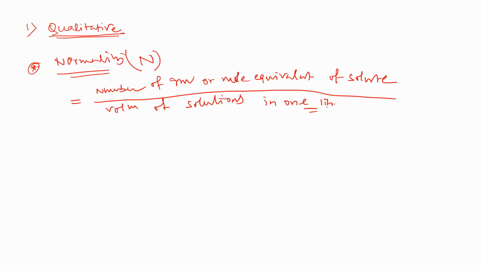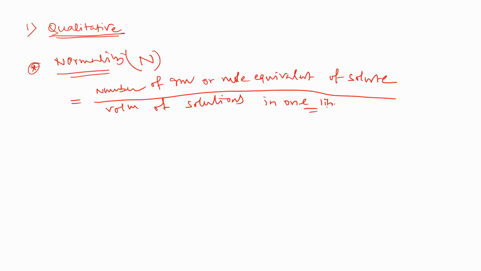Okay, so normality means how much solute is there, and that could be described in gram, in mole equivalent, or in mole. When we describe it in mole, we are going to molarity. But when we describe how much of the solute in gram per volume of the solution in liter, then it is normality.